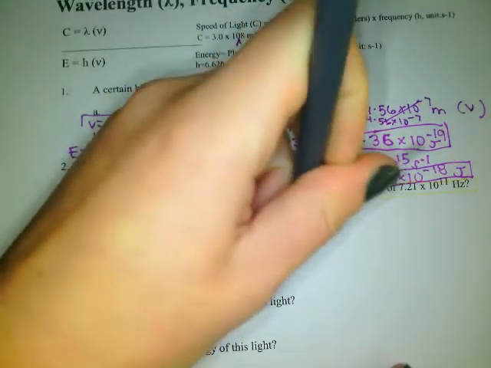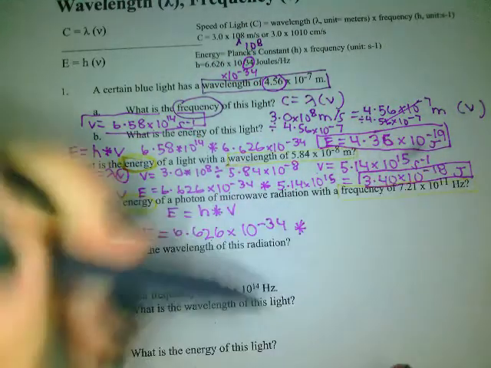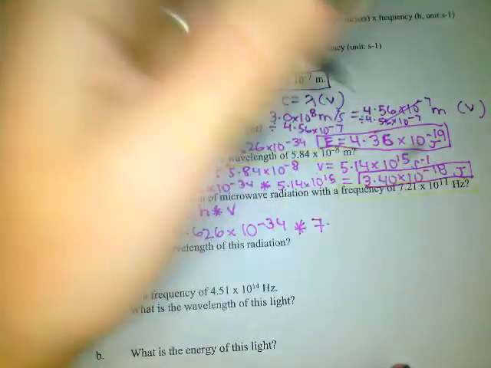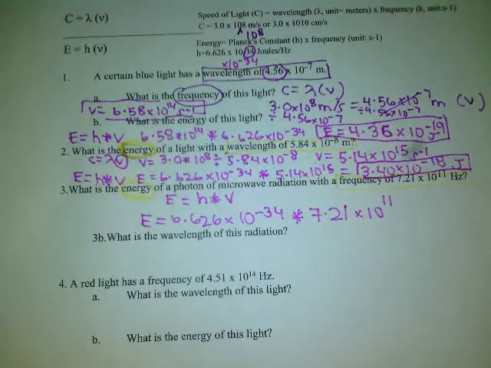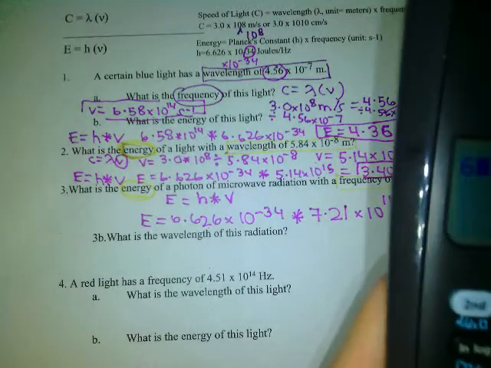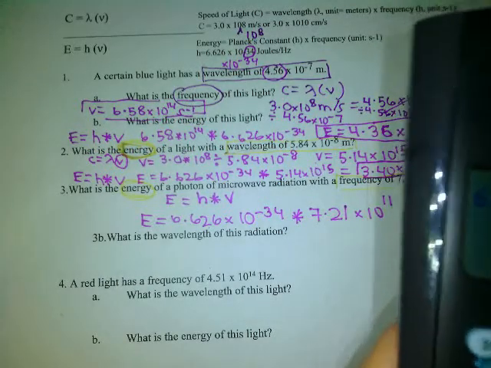I'm just going to put it in my calculator. E -34, okay, times 7.21, use your EE key, and enter.